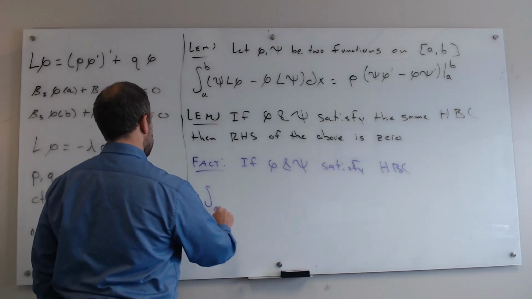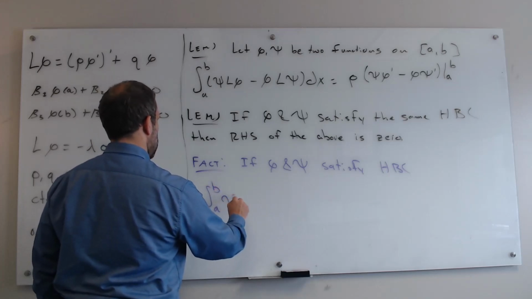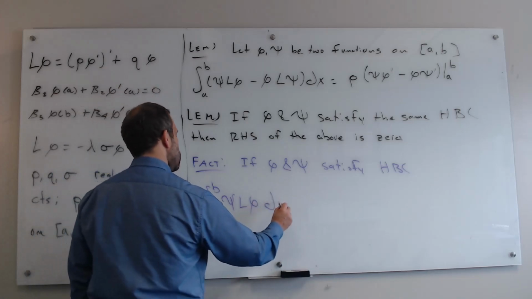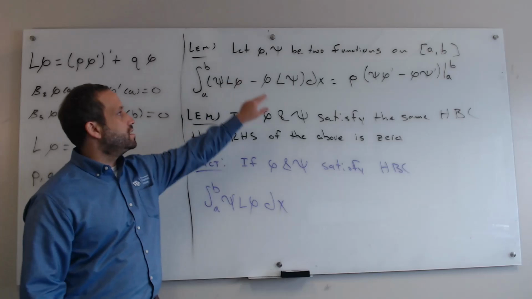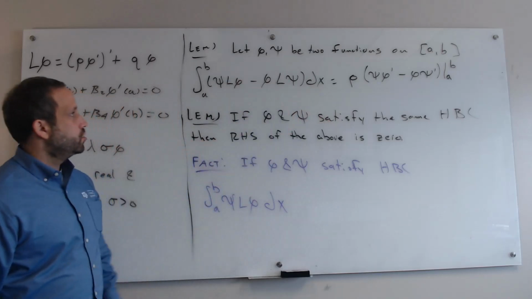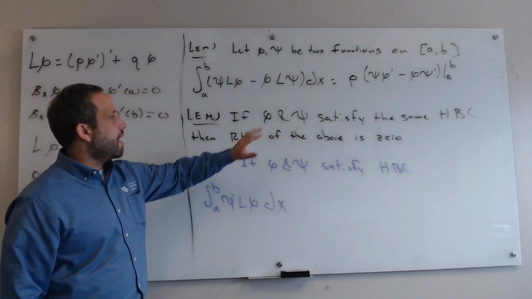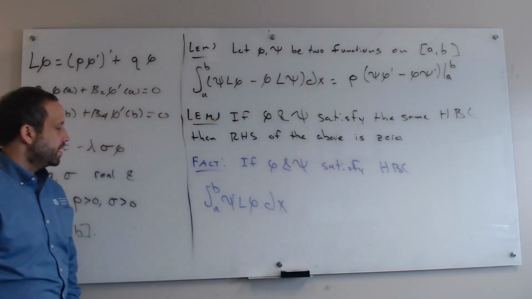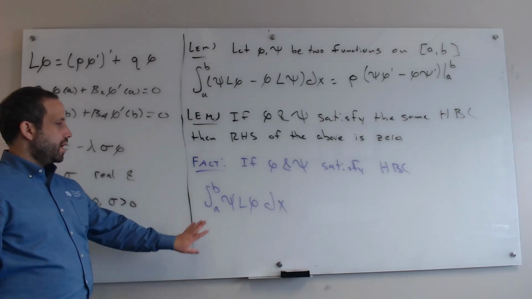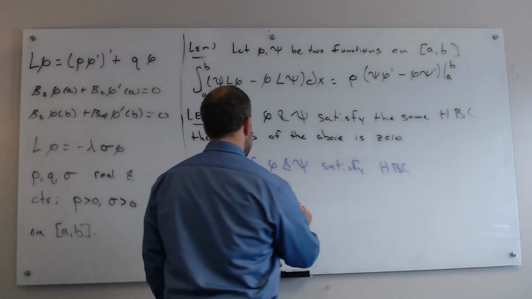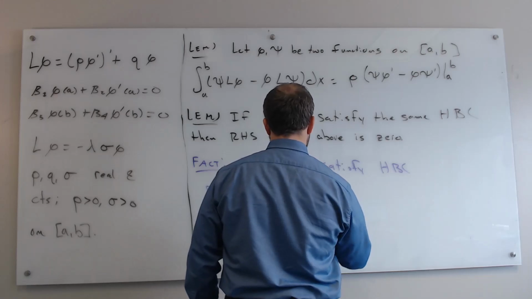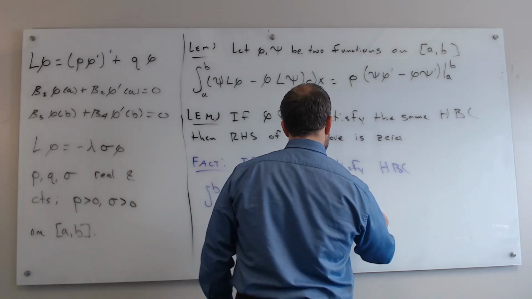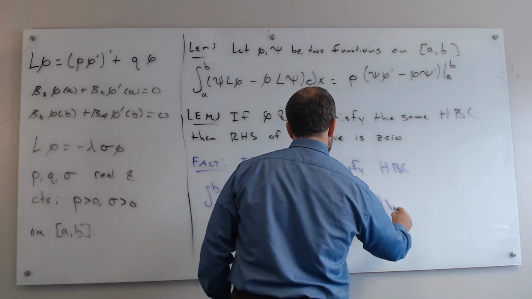Well, if I look at the integral from a to b of psi times L phi, if I do this minus this, I get 0. So for phi and psi that satisfy the same homogeneous boundary conditions, the right-hand side is equal to 0. In other words, the integral from a to b of psi L phi is equal to the integral from a to b of phi L psi dx.